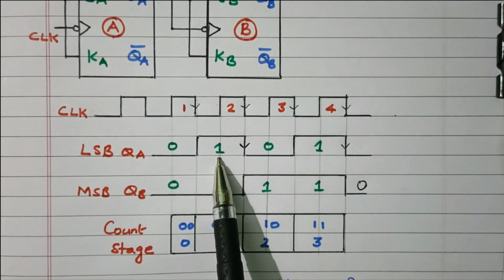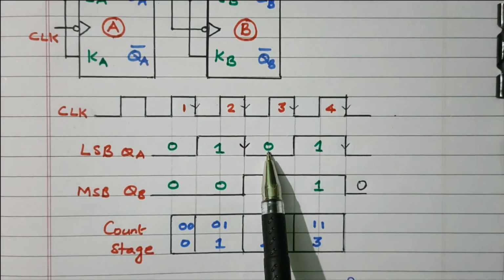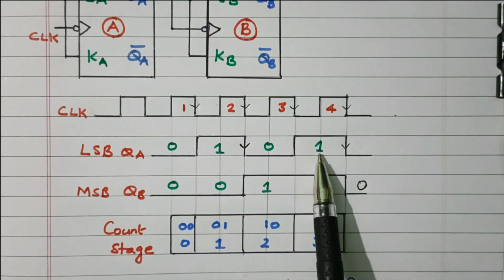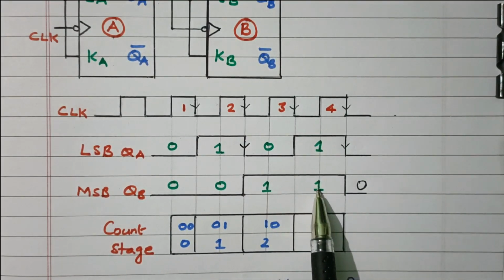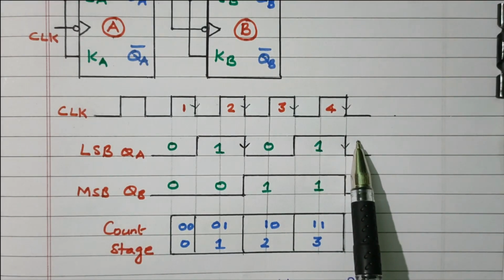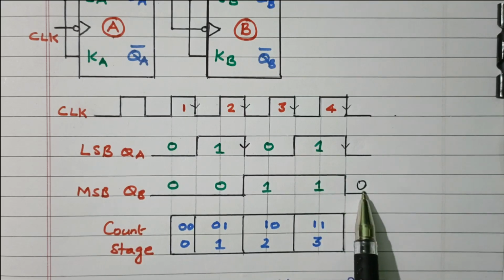Here 1 means 0 clock pulse is applied, so no change. 0 means 1 is applied as a clock pulse, so there is a change from 0 to 1. 1 means 0 clock pulse is applied, so no change; 1 is maintained as it is. Here 0 means 1, the inverted clock pulse 1 is applied, and 1 changes to 0, right?